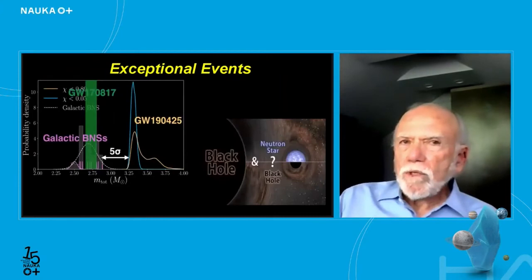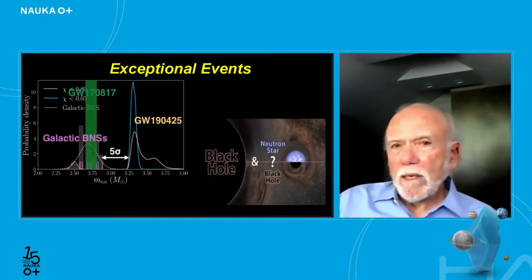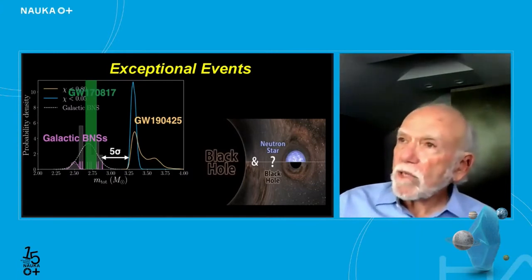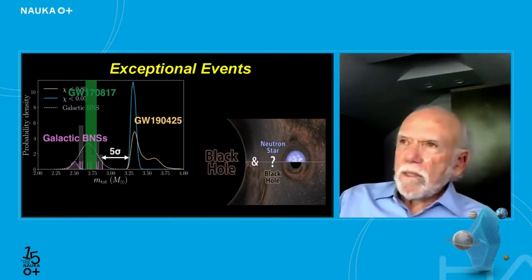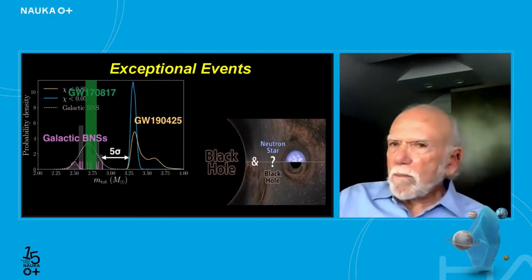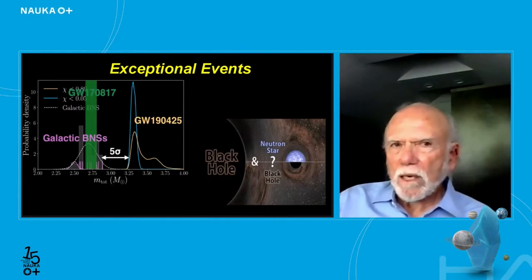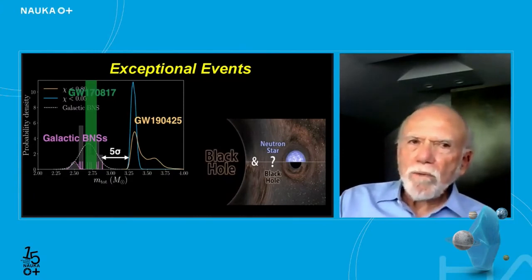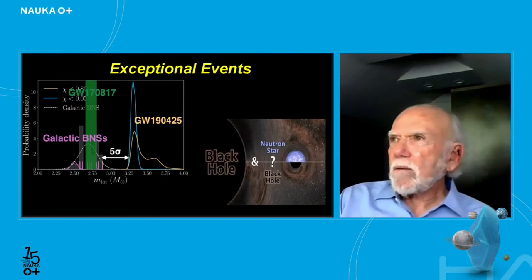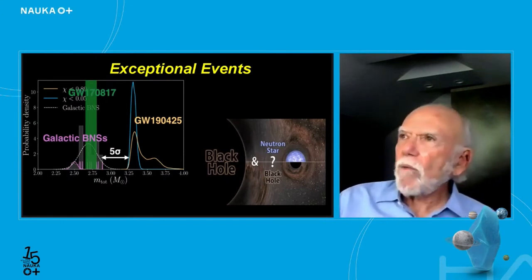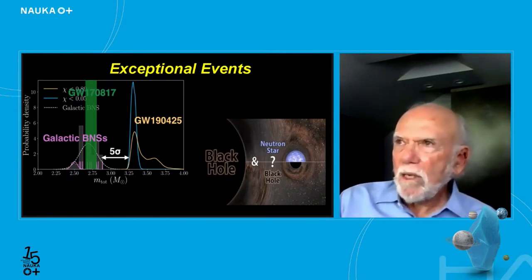So what we're doing right at the moment in LIGO is we're looking at what we call exceptional events. Among those 70 events, what do we see that doesn't fit the normal pictures? And there's a couple phenomena, and I'll just mention them because we're getting near the end of the lecture. First, we know neutron stars are similar to the mass of our sun, about 1.5 times the mass of our sun, and can't be much heavier than that.